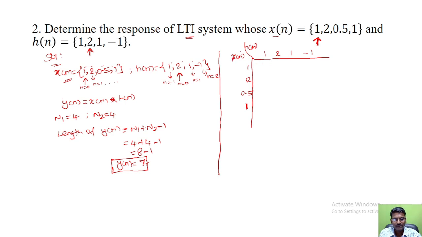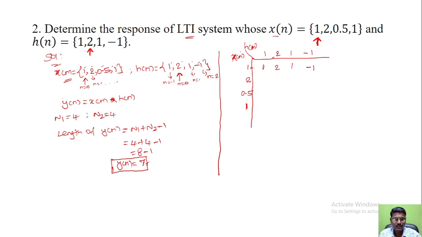So now after placing x of n and h of n values in this table, I need to multiply the row into column values, right? Now let me take the first row to multiply with h of n, 1, 2, 1 and minus 1. So 1 into 1 I will get 1, next 1 into 2 I will get 2, 1 into 1 I will get 1, 1 into minus 1 I will get minus 1.